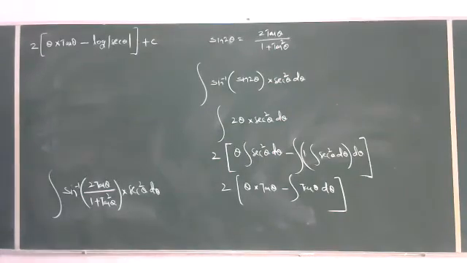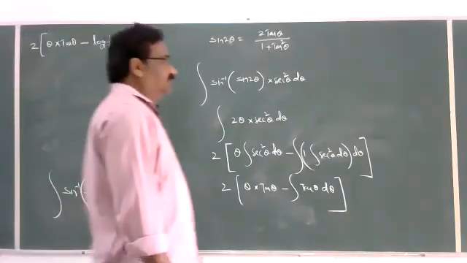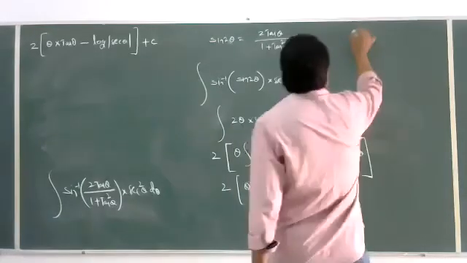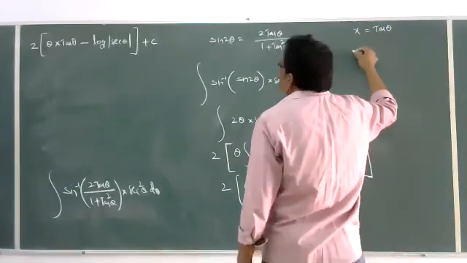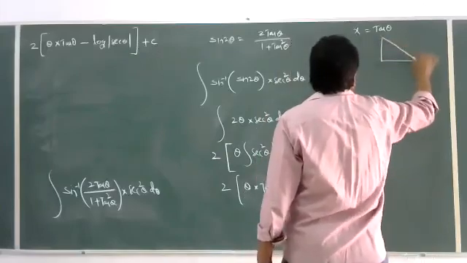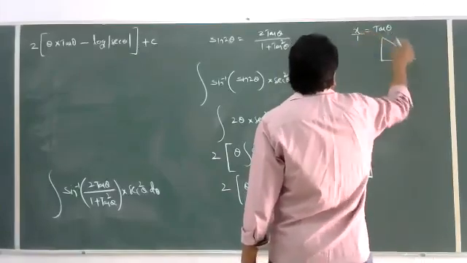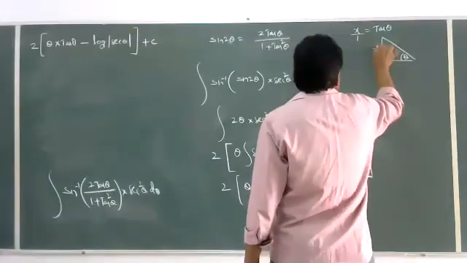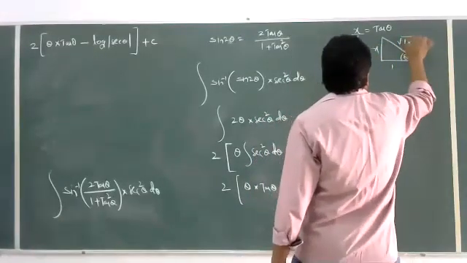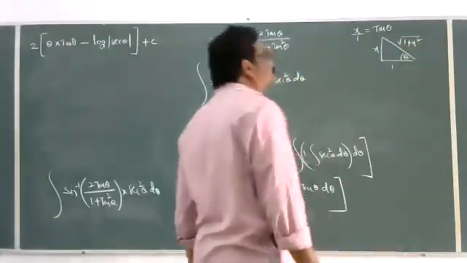So here again substitute in terms of x. So we are substituting x is equal to tan theta. For secant theta, you take a right angle triangle like that, by 1, tan theta. Here theta, tan theta is opposite side by adjacent side, x by 1. This is the hypotenuse, root of 1 plus x square.